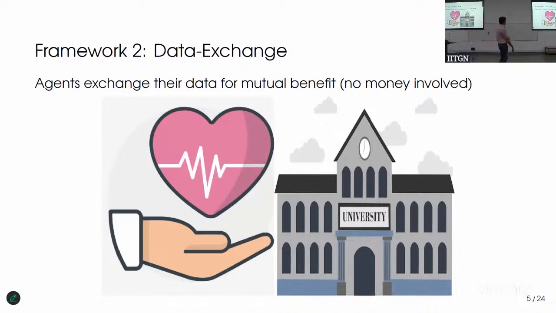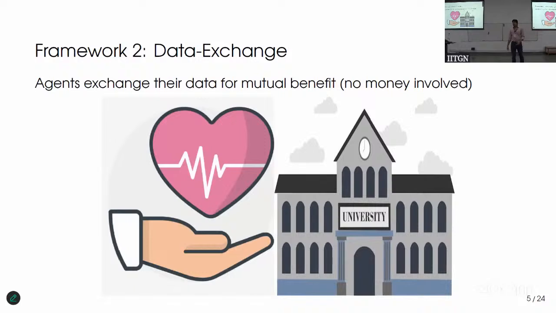In data exchange economies, we have a group of agents who have some initial endowments of data. And these agents want to exchange data amongst themselves for mutual benefit. Now, there is no money involved in this type of exchange. As a running use case, you can think of hospital systems or university systems that would like to improve their internal machine learning prediction tasks using data sets from other hospitals or universities, but they're not allowed to sell the patient data or staff data or student data for money.